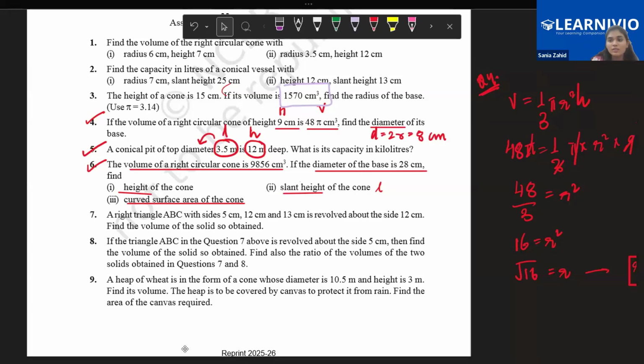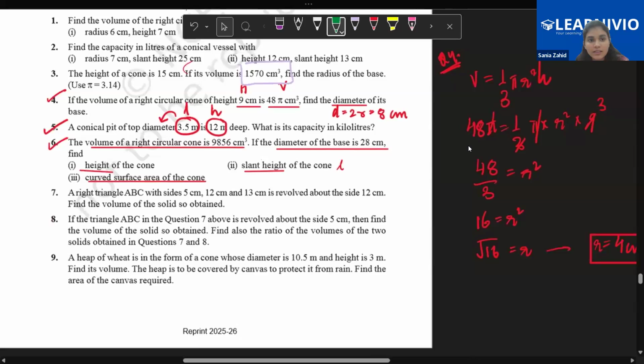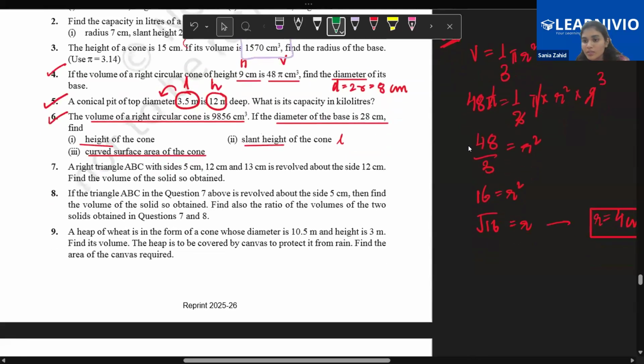Children, it's been long now. Let's discuss, okay? Tell me, shall I discuss? All of you have completed? Children, no response at all. Ammar, tell me, have you done? Ammar, have you done or not?